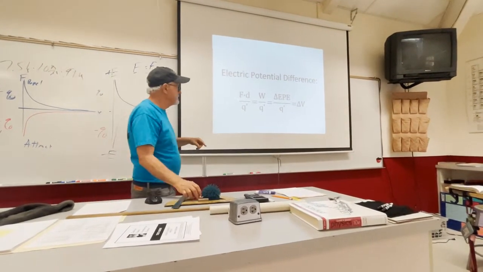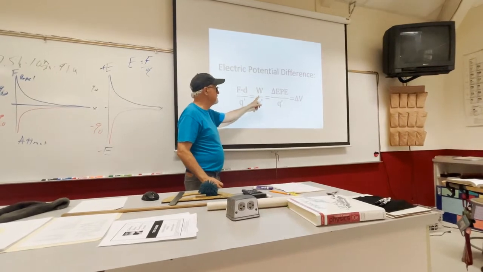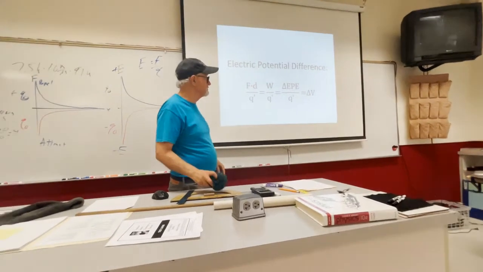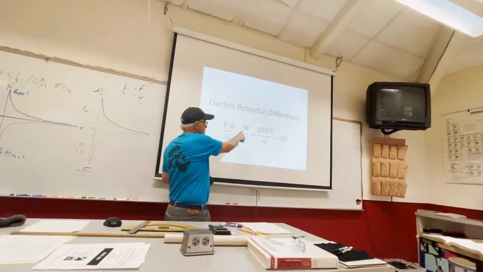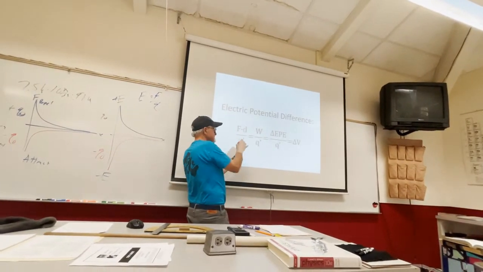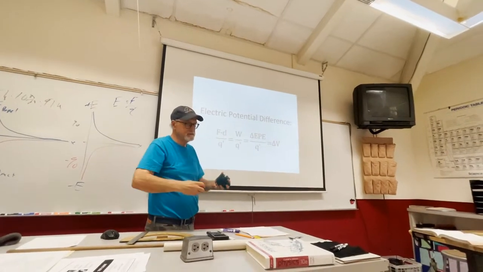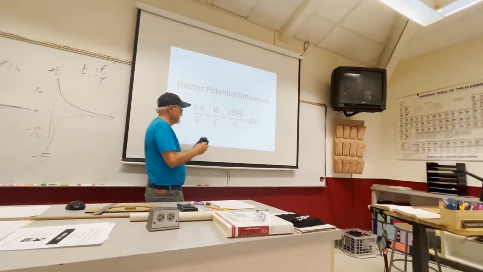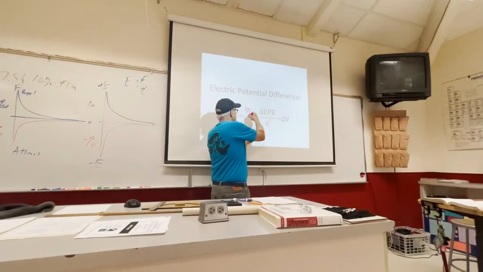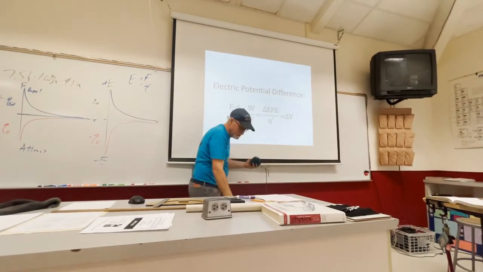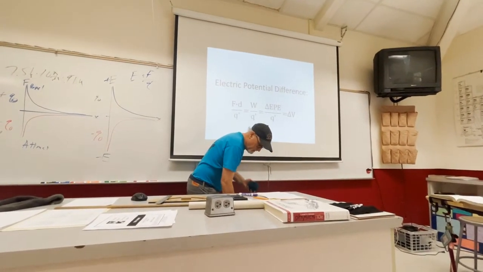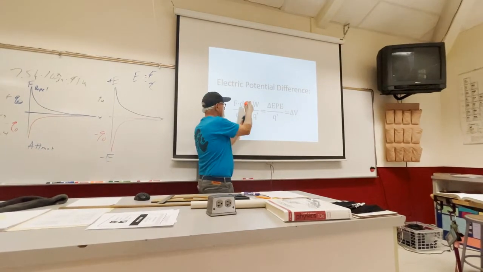It's equal to the work done moving a test charge in an electric field. As you do work, applying a force through that displacement, it changes the electrical potential energy, like gravitational potential. And how much work you do depends on how much charge you've got.